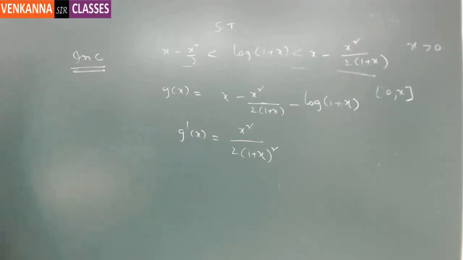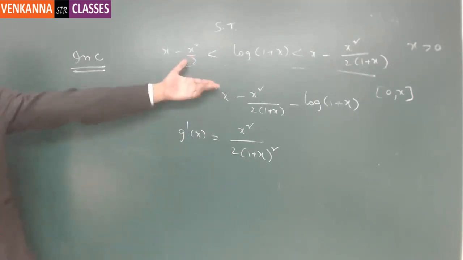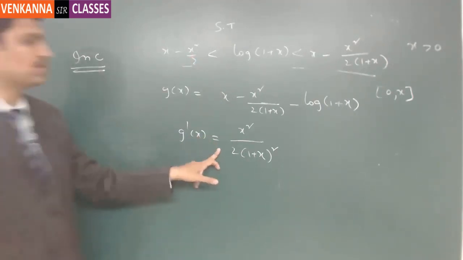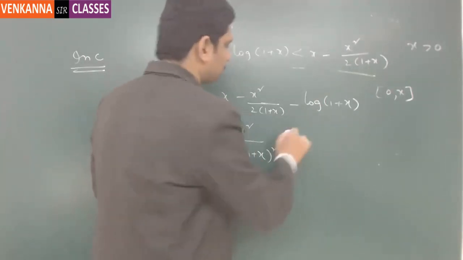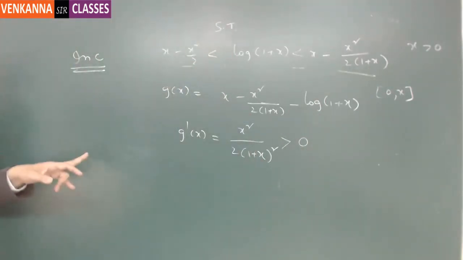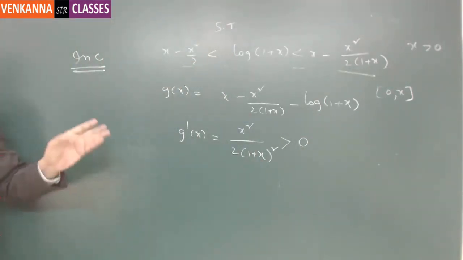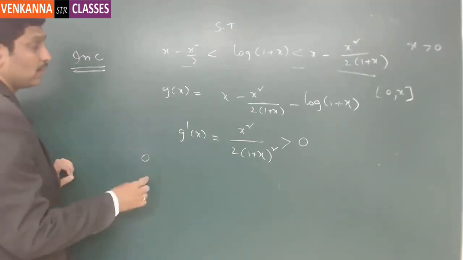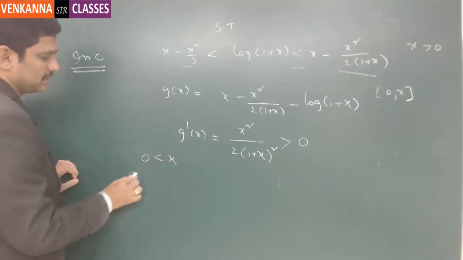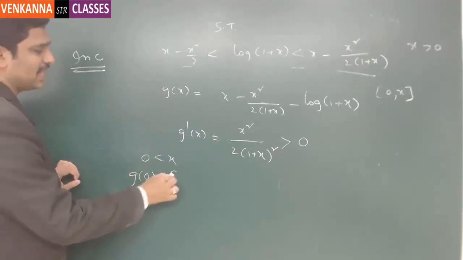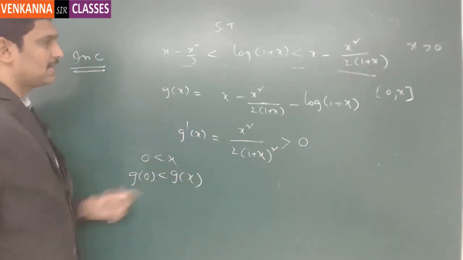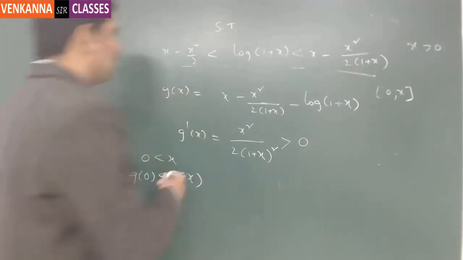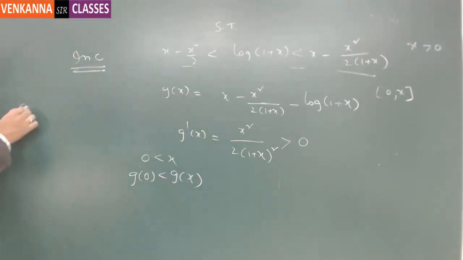Right? Since you are taking x as positive, this value is positive. Accepted? Therefore, g is an increasing function. So for 0 less than x, g of 0 is less than g of x. Hence, g of 0 is nothing but 0.